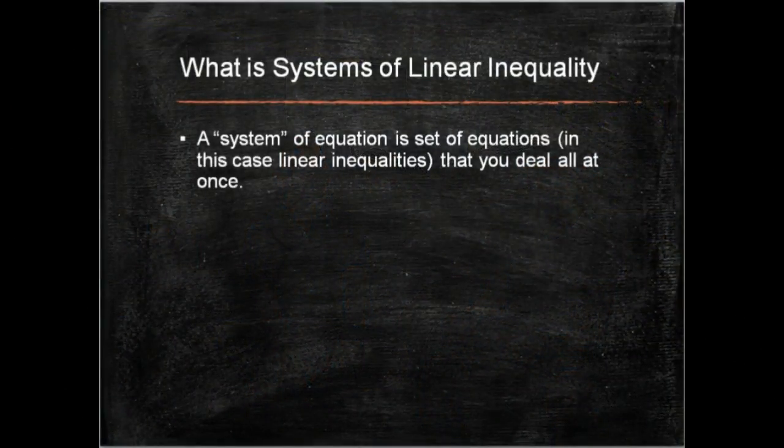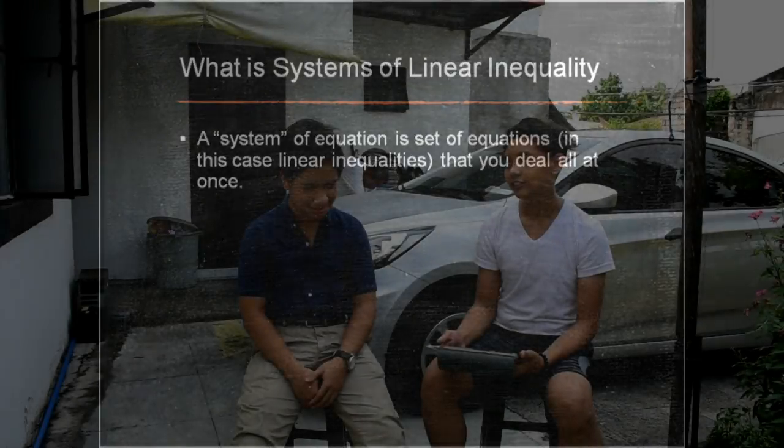I got the tablet over here. Okay, let's start. Today we're gonna talk about systems of linear inequalities. JC, can you please tell us what is a system of linear inequality? A system of equations is a set of equations, in this case linear inequalities, that you deal with all at once.